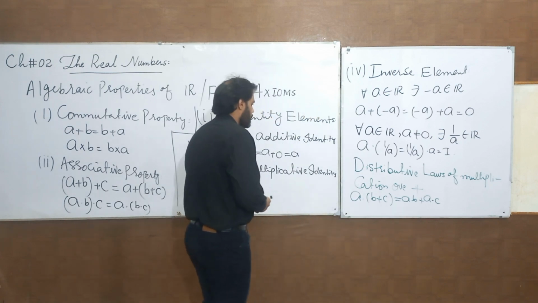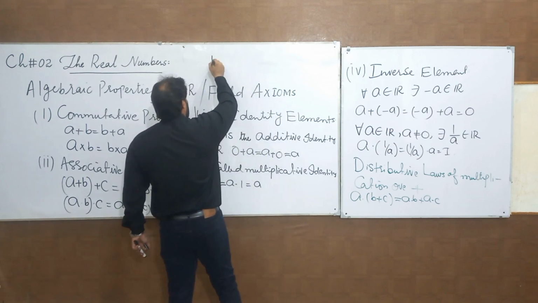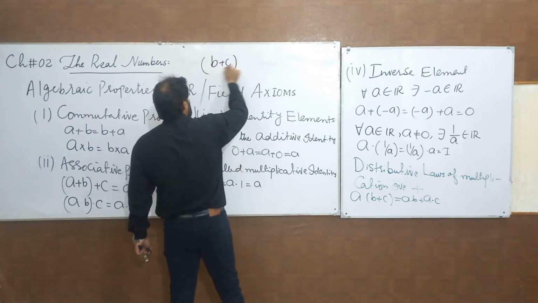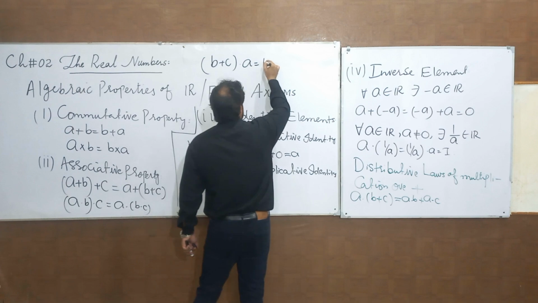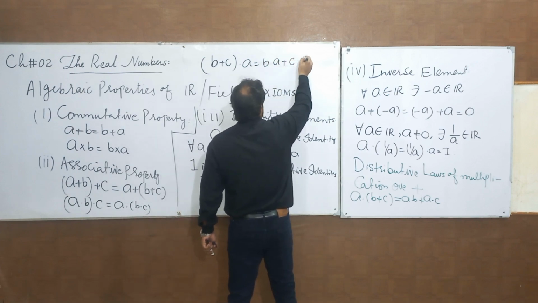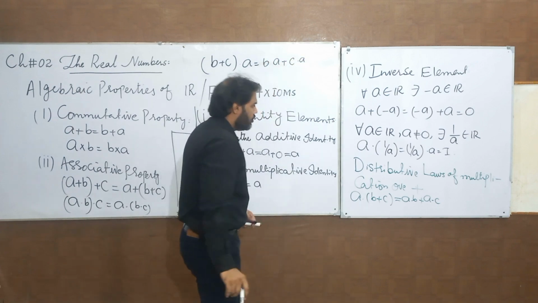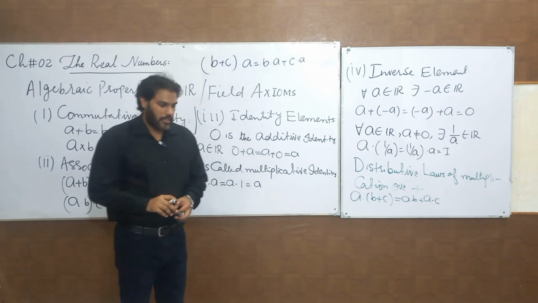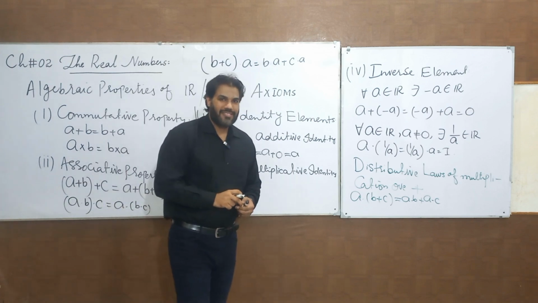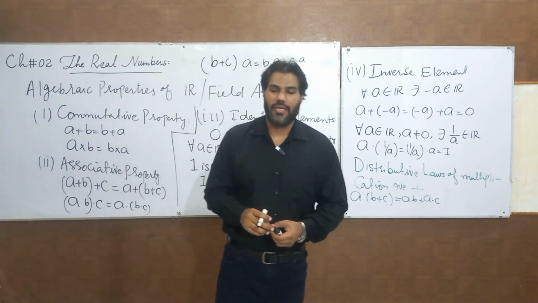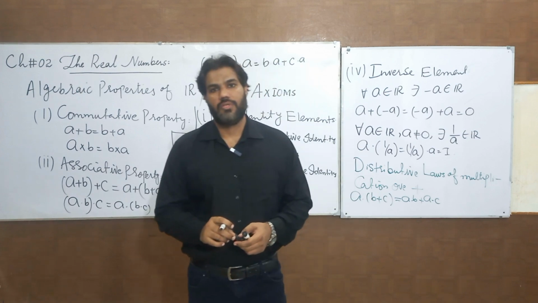And if we multiply A from the right side, this is called the right distributive law.